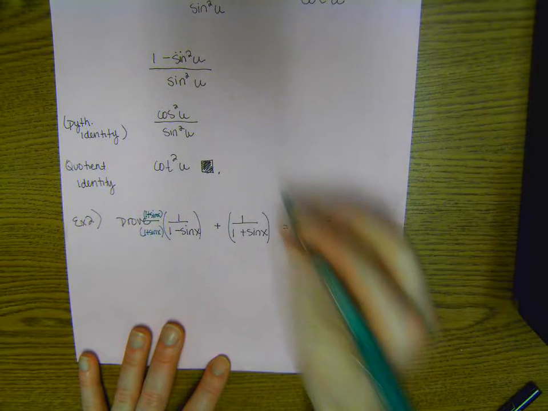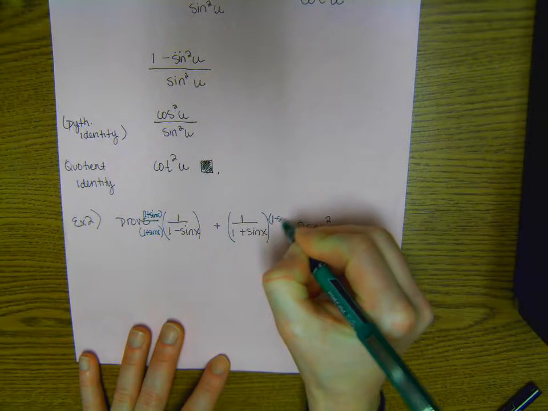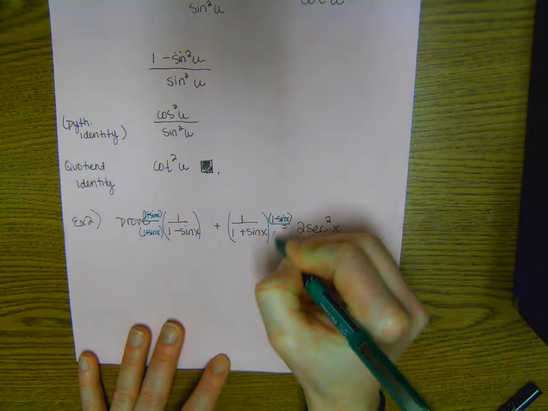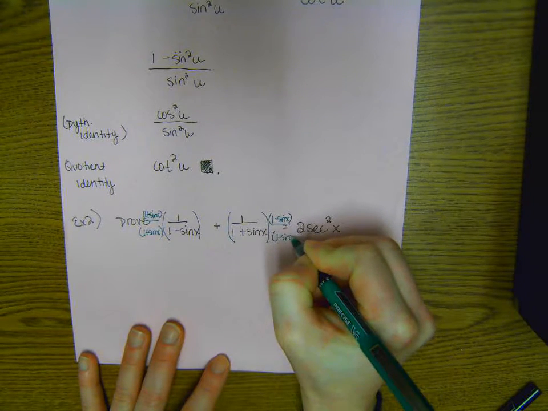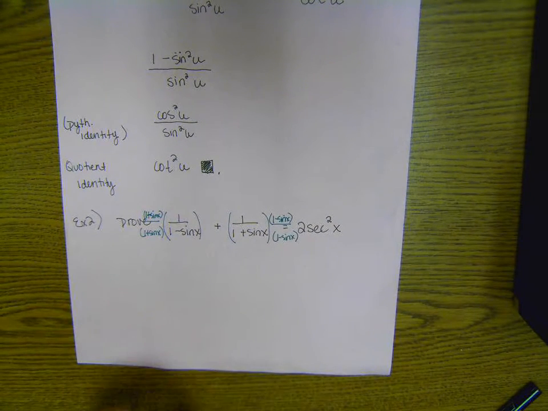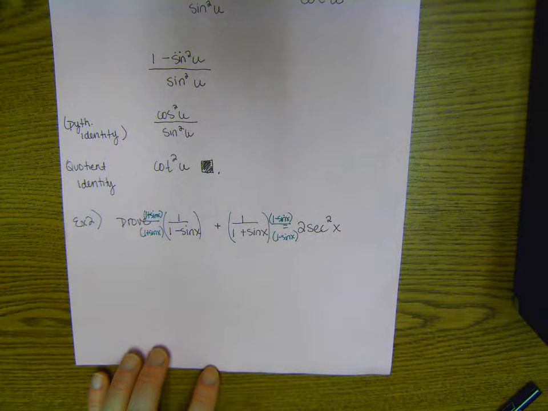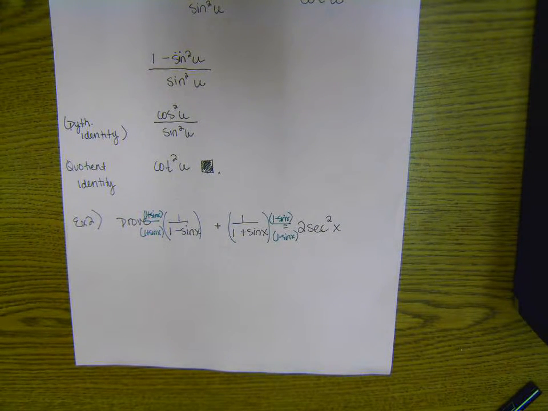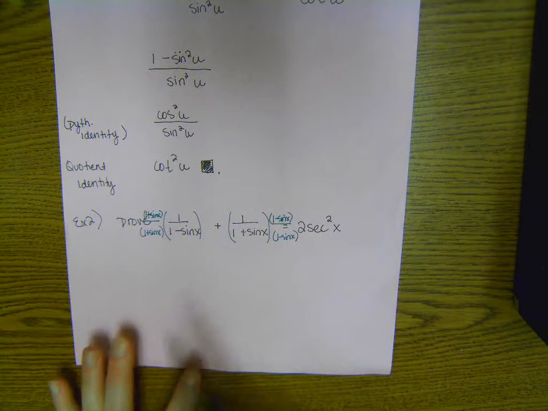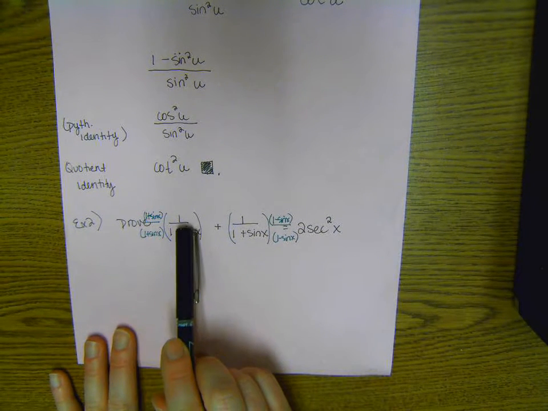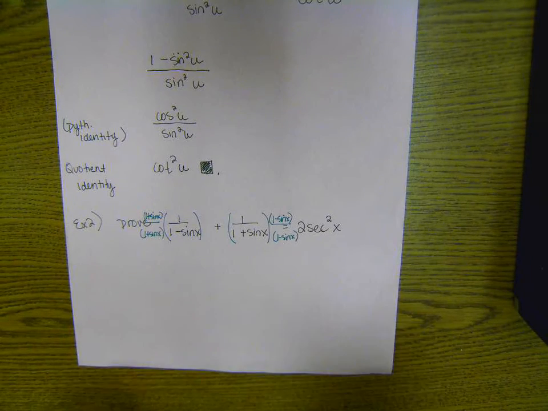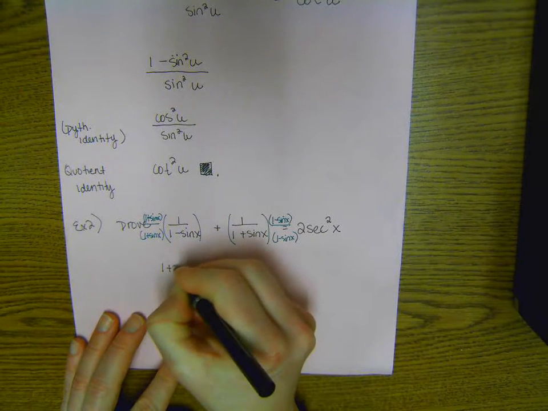Yep. 1 minus sine of x over 1 minus sine of x. Okay. So now I'm going to actually simplify those expressions. So on the top, 1 plus sine of x over 1 is still just 1 plus sine of x.